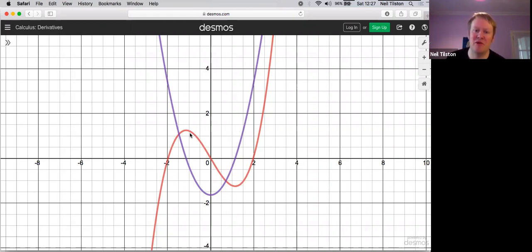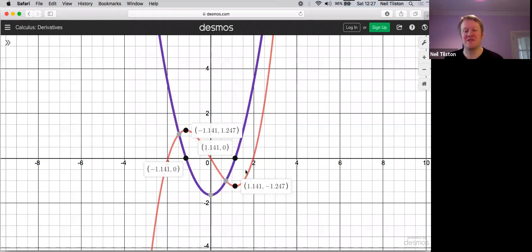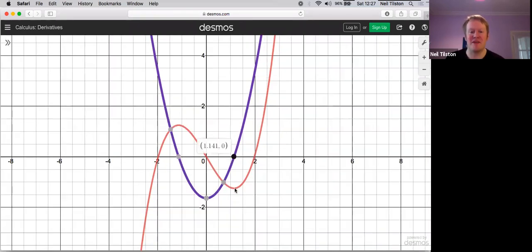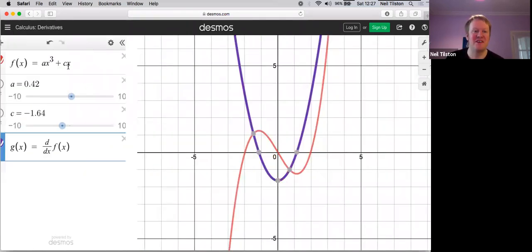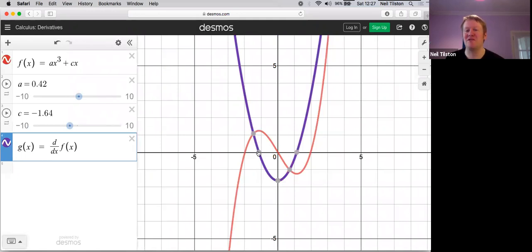And then to prompt a bit more, I might select certain key points on the graph and see if they notice anything, see if they notice the x coordinates are the same for those. I might change the function to make those integer values, just to keep the values smaller.